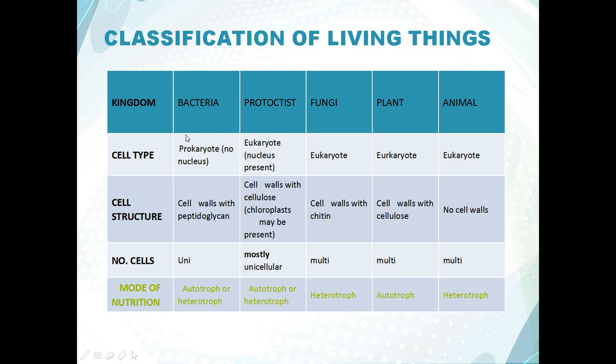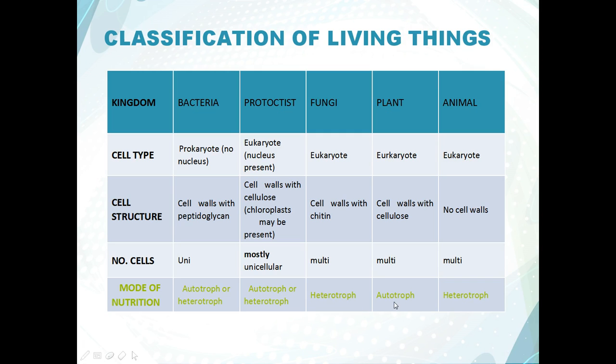Okay, so bacteria, depending on the certain organism, can either be an autotroph, meaning they can make food for themselves, or a heterotroph, where they've got to eat another organism to get the nutrients out of them. Protoctists, same thing here. It can either be an autotroph or a heterotroph, depending on the specific cell. Fungi is always heterotroph.